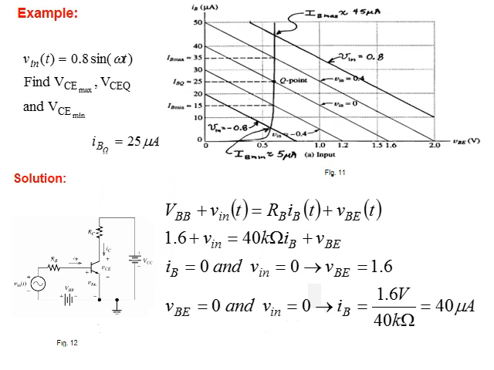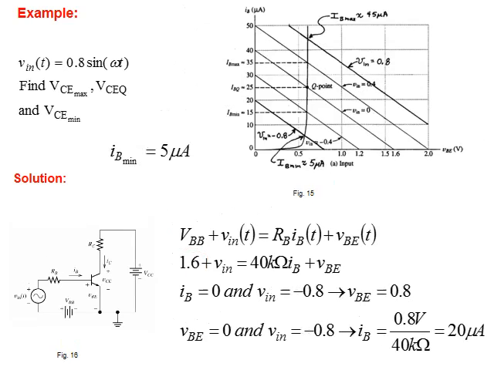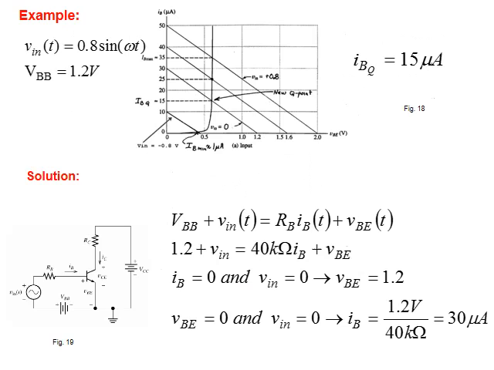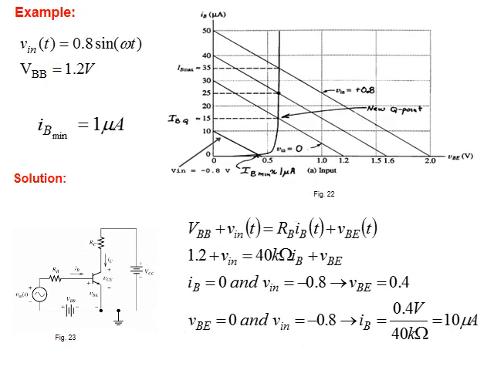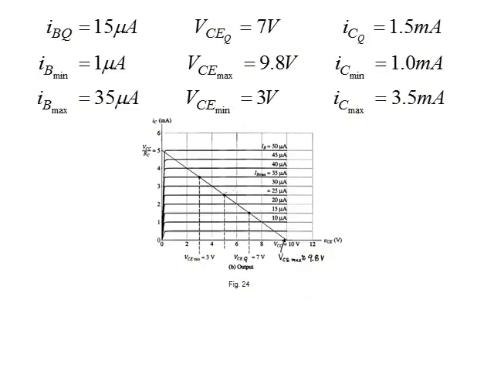Where is the question here? Yeah. VBB was 1.6. I will change it to be 1.2. What will happen? Okay. I repeat the same discussion here. Vn is 0. Vn is 0.8. Vn is minus 0.8. I got the lines, I got the currents.